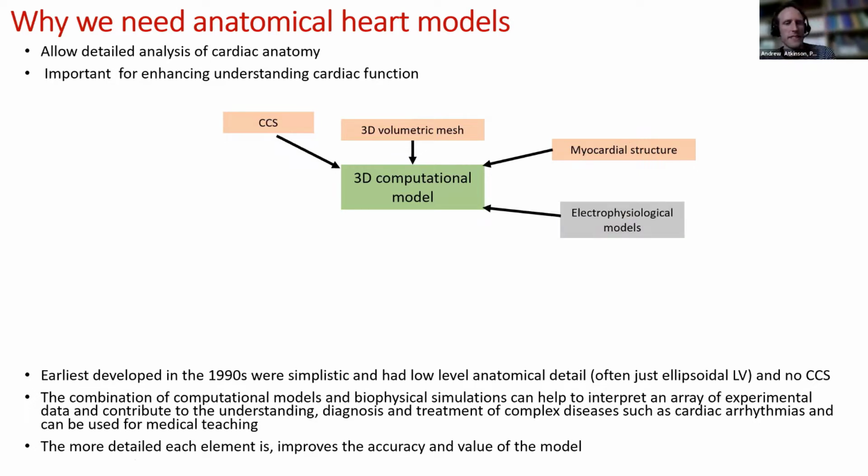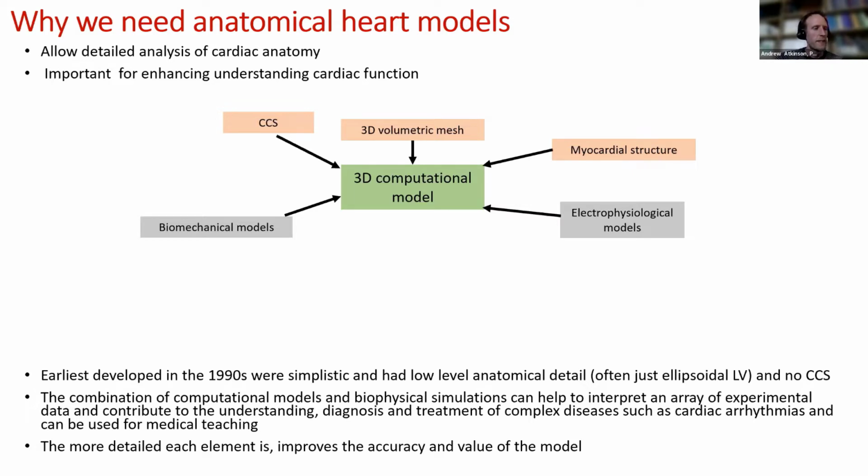Along with these, it's important to have electrophysiological models. So if we identify the different cell types within the heart that we're going to have in our model, we can have individual electrophysiological action potential models. Then the heart will have the right cell types and behave in a more natural way. And then we also have biomechanical models, so we can simulate fluid dynamics and contraction in these.